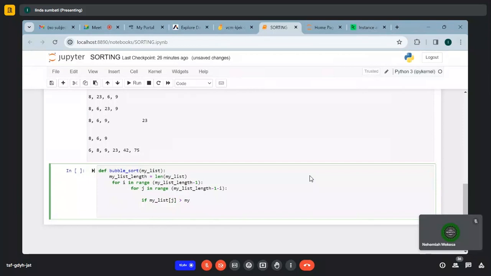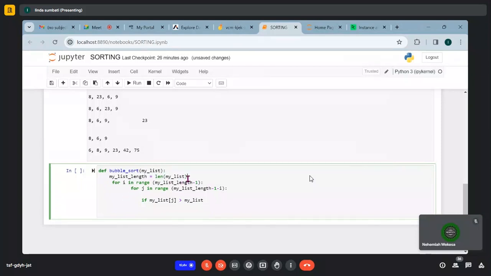Is it in the right place though? She's asking if it's indented correctly. Yes, I think it is.